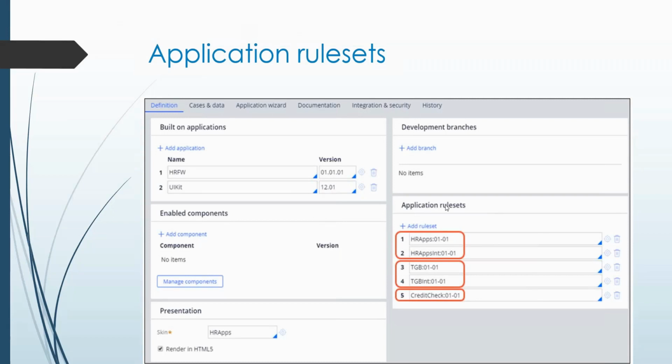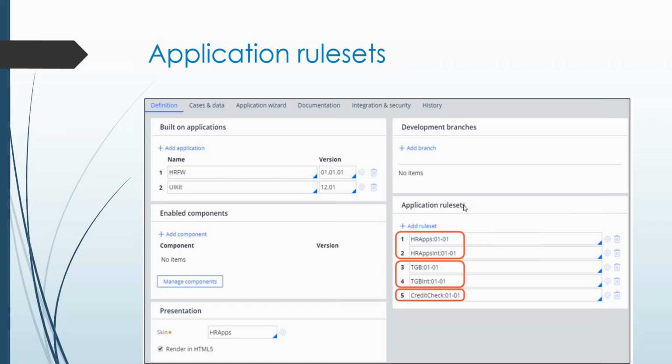So this is what we call the application rule sets, which are part of your application. Then you'll have some organization related ones, and then whatever other rule sets you might want to create for your application. All those listed in the application rule sets, we call them a rule set stack.